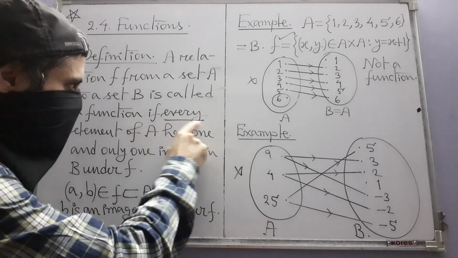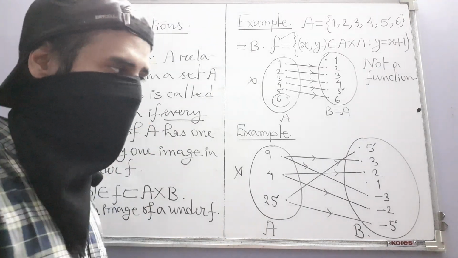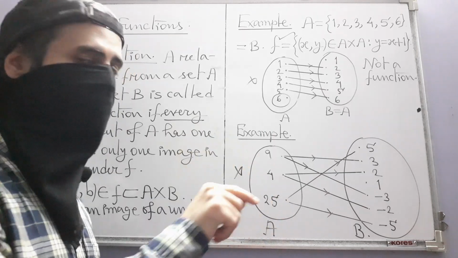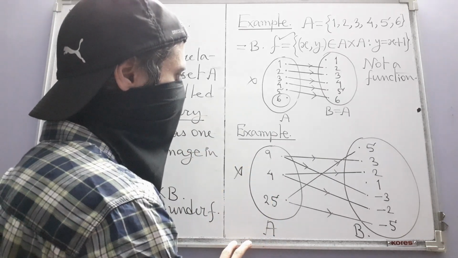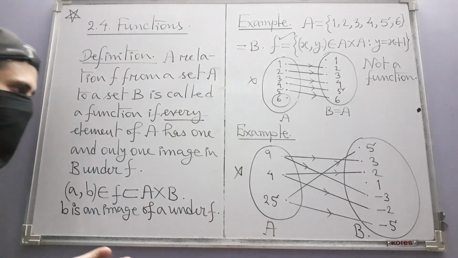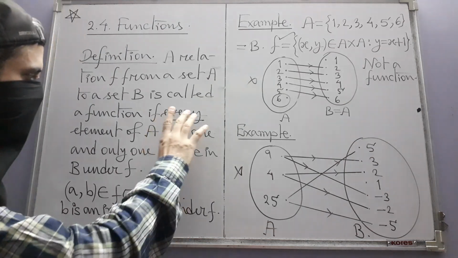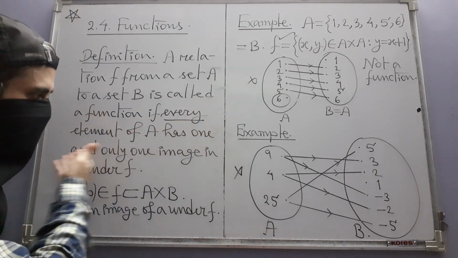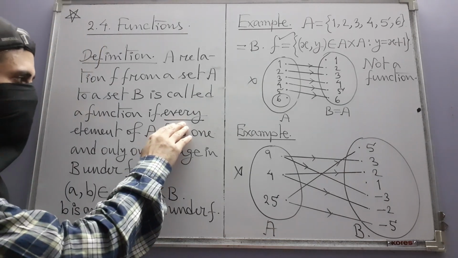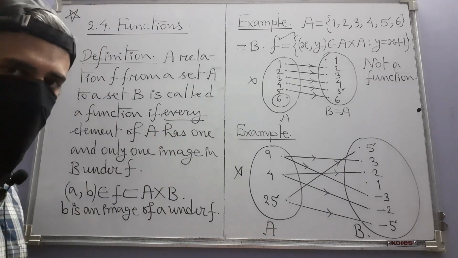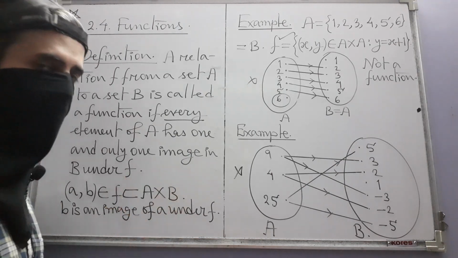You may forget this part, that every element of A first of all needs to have an image, and then that image needs to be unique for every element separately. Now, is there any way that we can remember this condition more easily than simply memorizing this sentence? Never do such things, okay? Because you may not really remember it when you need it, say in writing your exam or somewhere else.